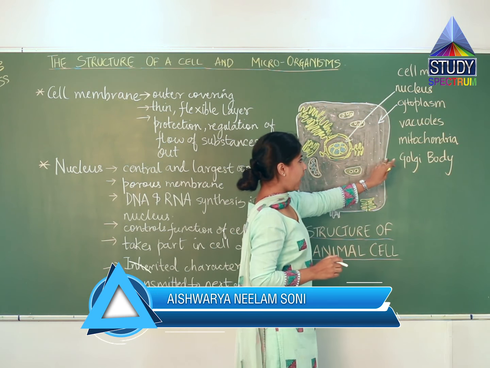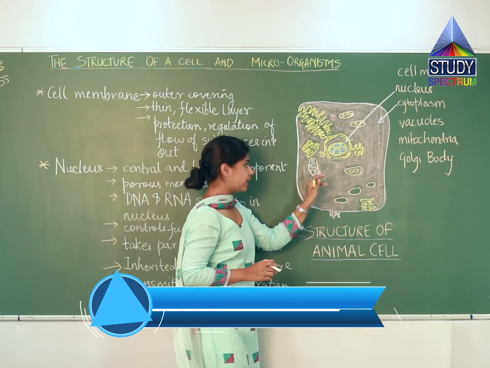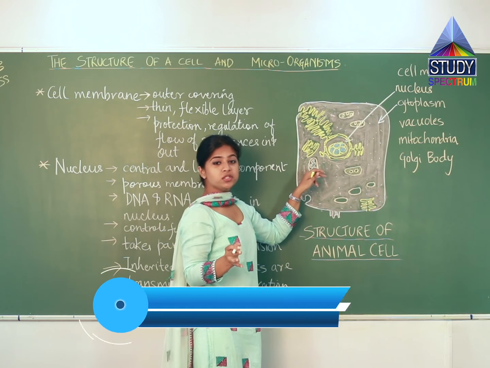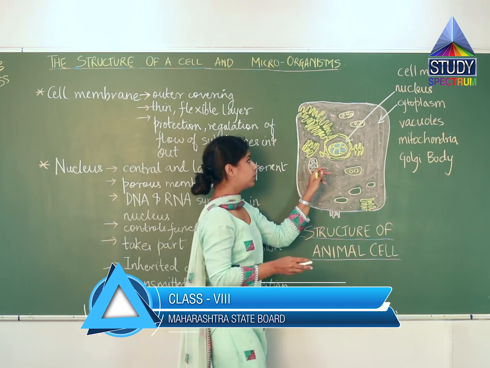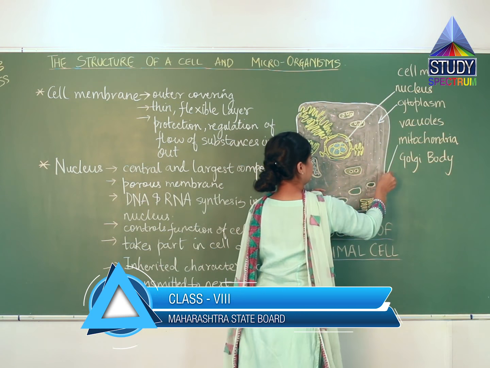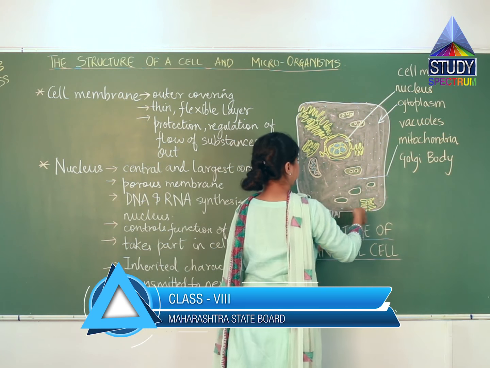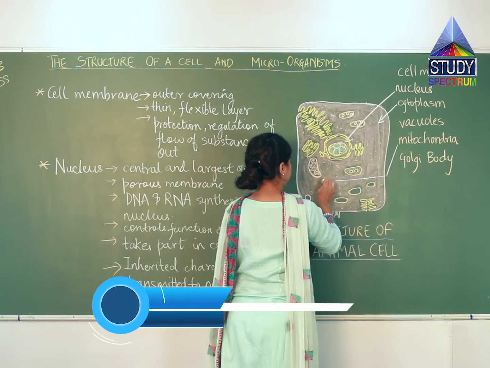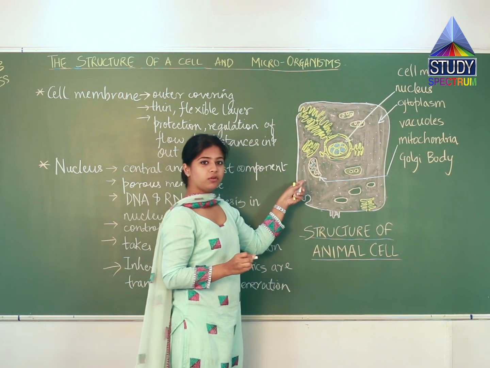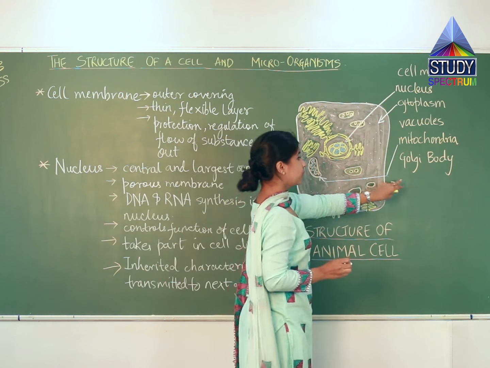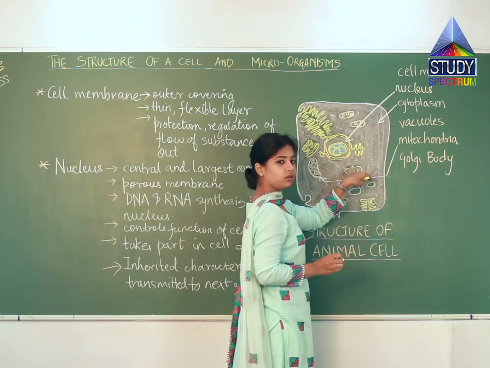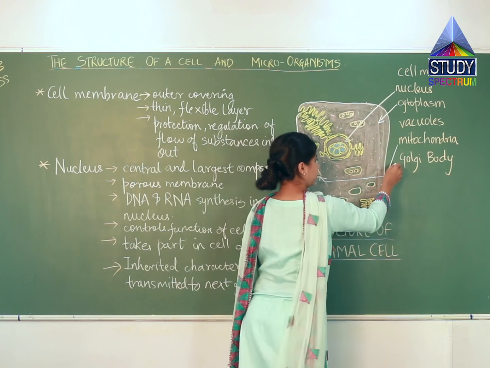What next we have over here is the mitochondria. Mitochondria is also known as the powerhouse of the cell. So that is our mitochondria. What next we have is the Golgi body over here. The Golgi body is over here.